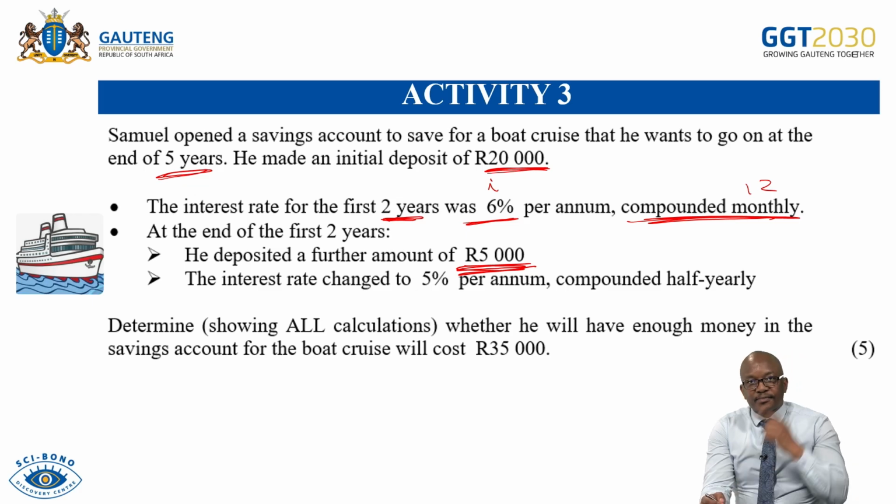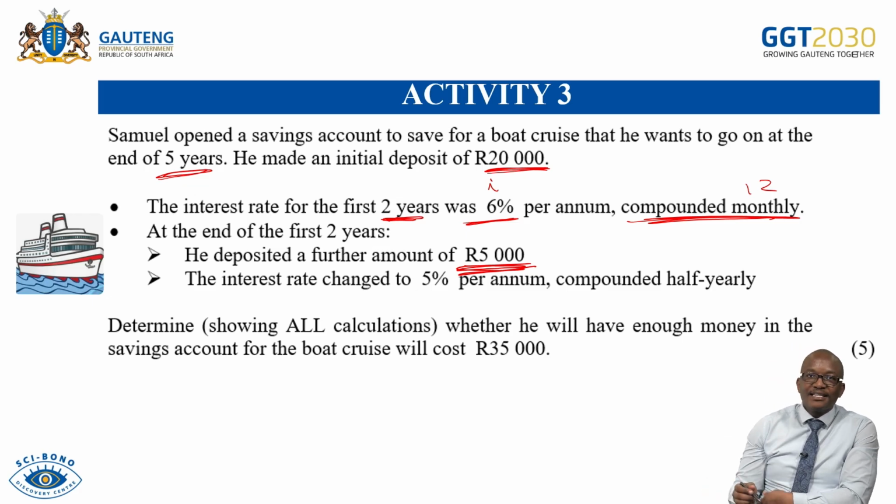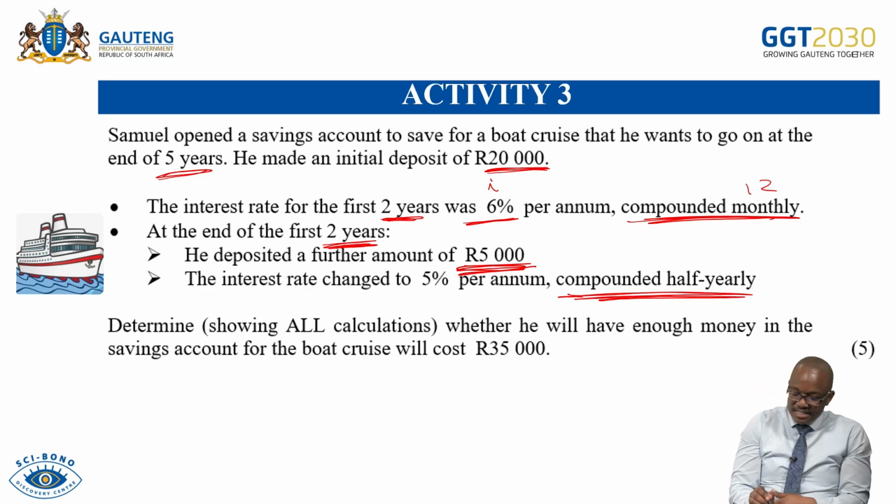You see now, it's the very same question that I received, where you still deposit an amount of money within the investment. Okay, and then now it says the interest rate charged per annum compounded half yearly. So you can see that at the end of 2 years, the interest is also charged differently, from 6% to 5%.